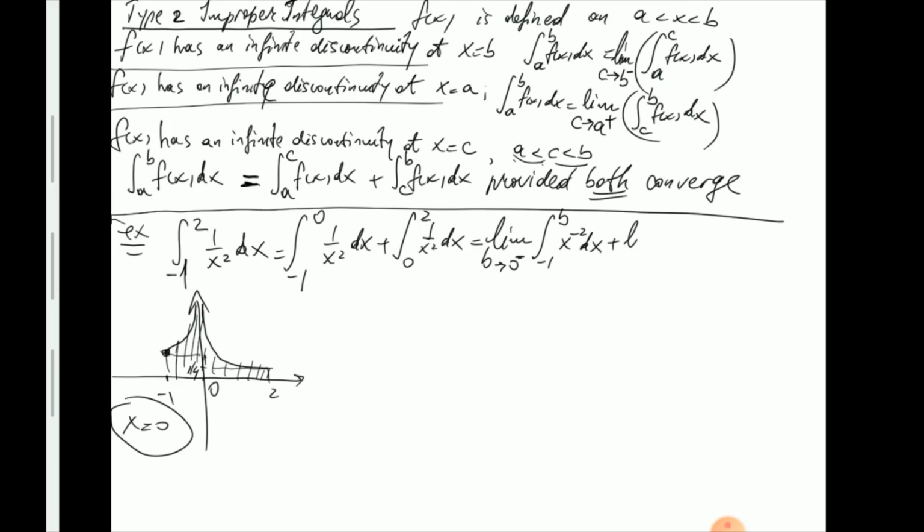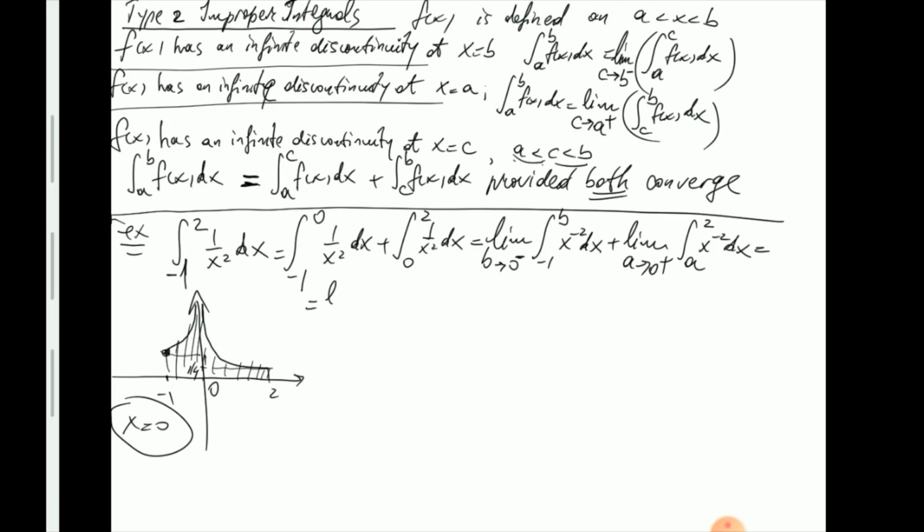And for the second one, we're going to let limit as a goes to 0 from the right side, the integral from a to 2, x to the minus 2 dx. So if one of them diverges, you don't need to do the other one. We're going to do both of them just to see how it goes. But if one diverges, then by definition, the original integral is divergent.